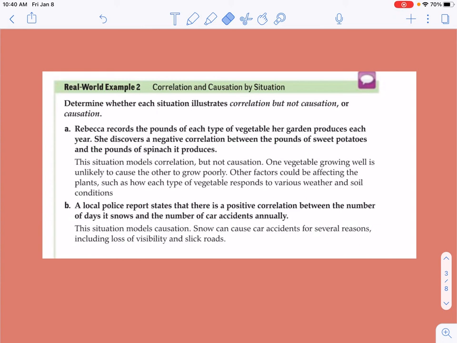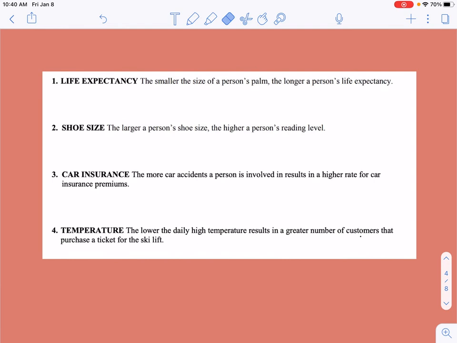All right, so if we look at a few other examples. The smaller the size of a person's palm, the longer a person's life expectancy. So they're saying there is a correlation between this, but to say that you have causation would say that because a person's palm is smaller, they're going to live longer. And if you think about that, that's kind of ridiculous, because there are so many other factors that go into health, right?